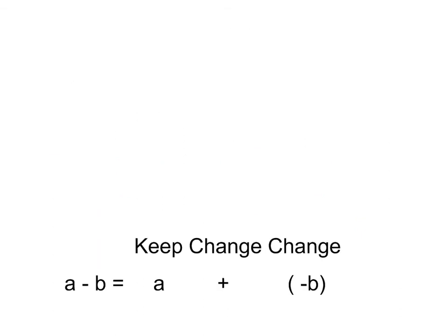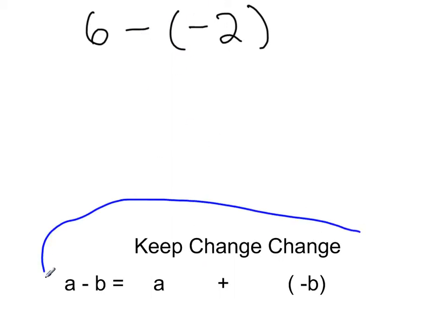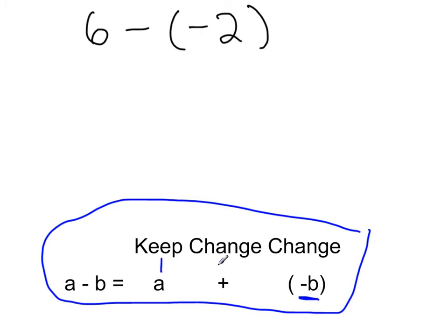So let's go back now to our crazy problem where we had 6 minus negative 2. Instead of viewing this as a subtraction problem, we can view it as an addition problem. So we're going to go down to this box I have here, where instead of a minus b, we can view it as a plus the opposite of b. And a good way to remember it is you keep the first part.